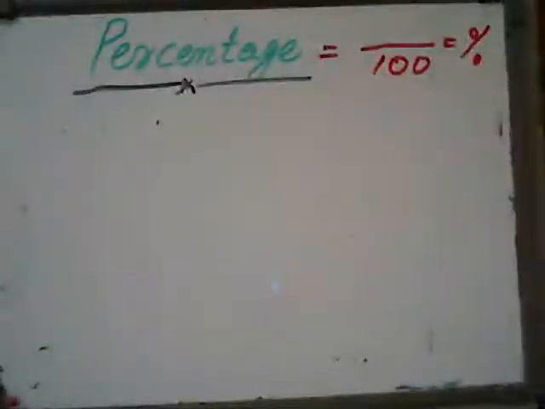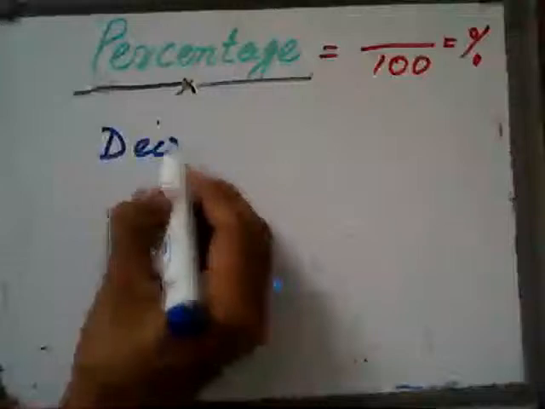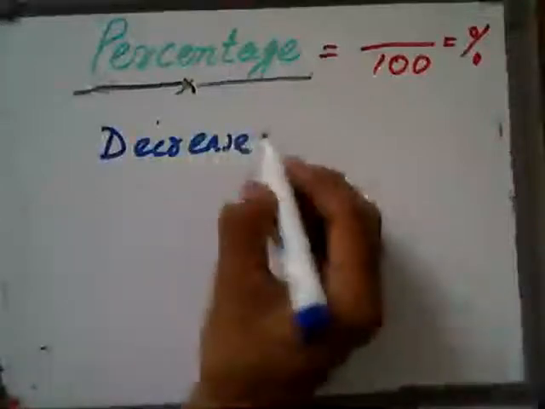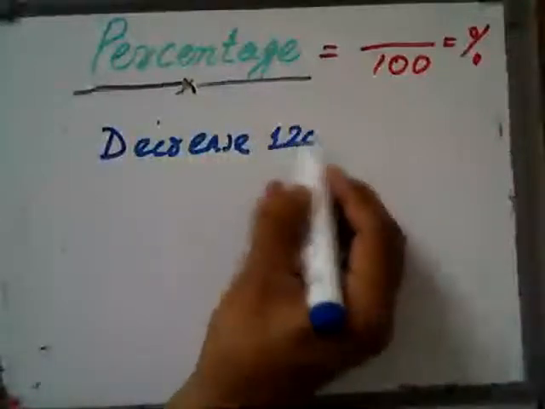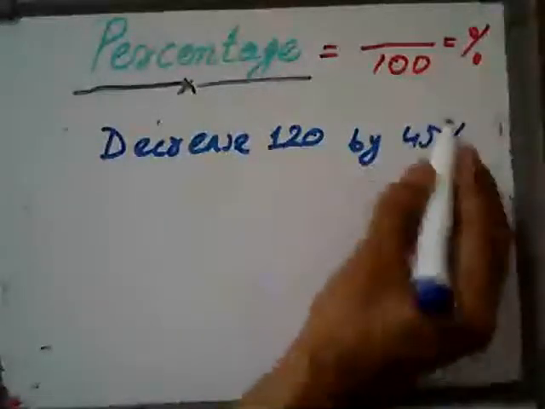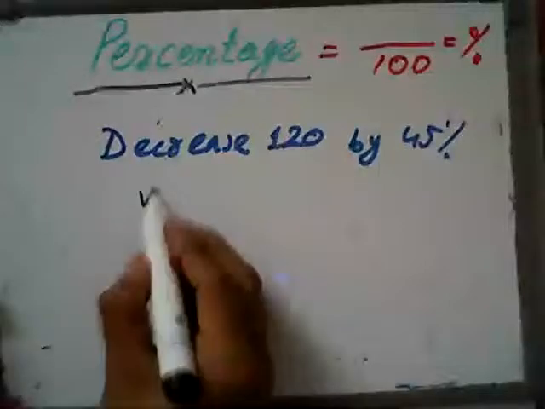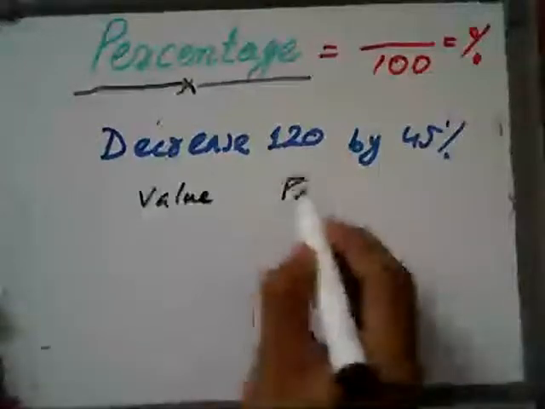Now, in decrease, the problem says decrease 120 by 45%. So now again we draw columns, a column of value and percent.